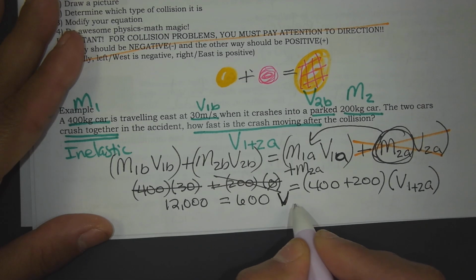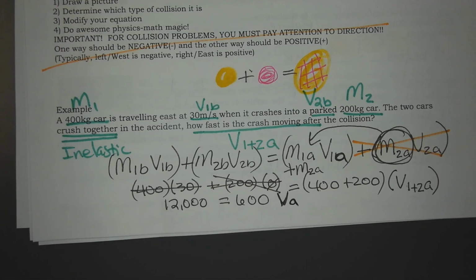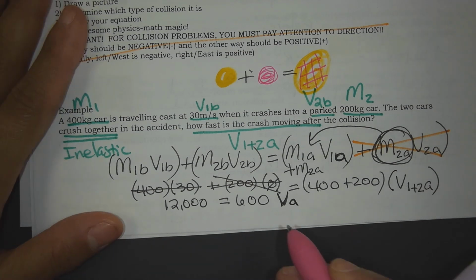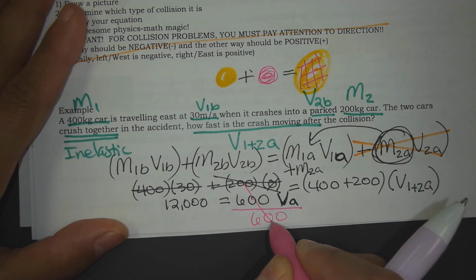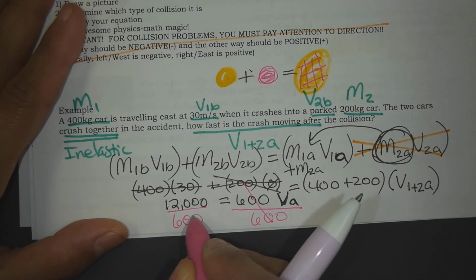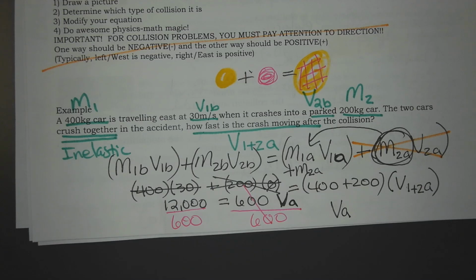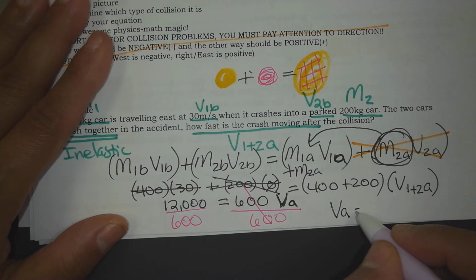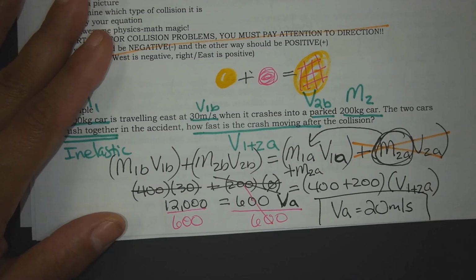And the V after the collision, which is car 1 and car 2 because they're inelastic. Algebraically, you can see that you're going to divide by 600 to cancel. Divide by 600. My velocity of both car 1 and 2 after the collision is 20 meters per second. Done.